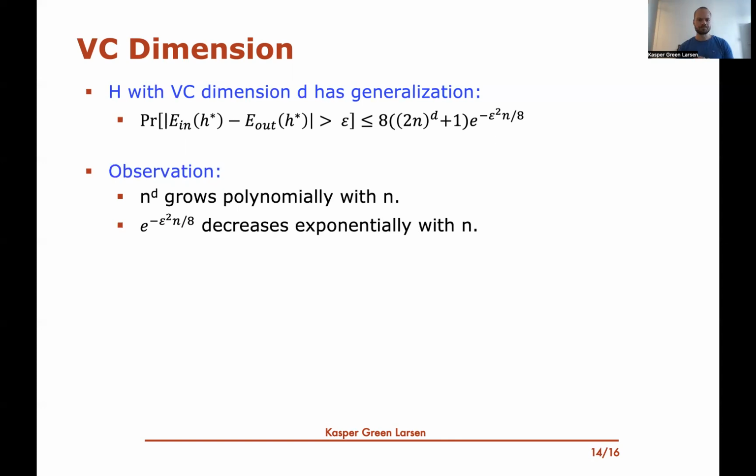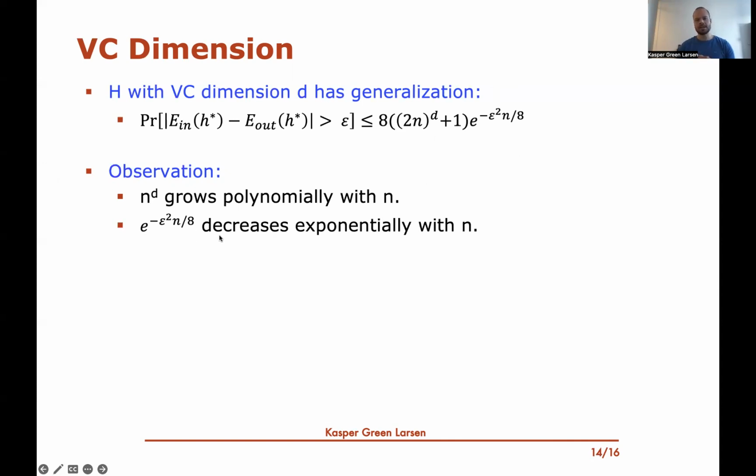Okay, and now if we just look a little bit at this formula and see what we get out of it. The observation is that if this VC dimension D doesn't grow with the data set size, if D is a fixed constant, like it is for all these examples that we saw earlier, then this n to the D factor in front grows polynomially fast with n, whereas the other term is going down exponentially fast with n.